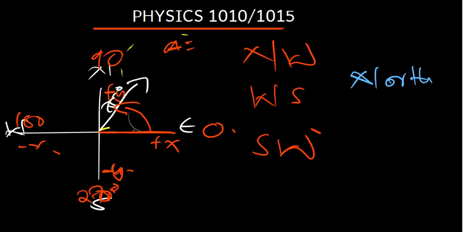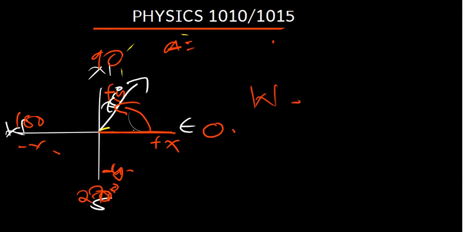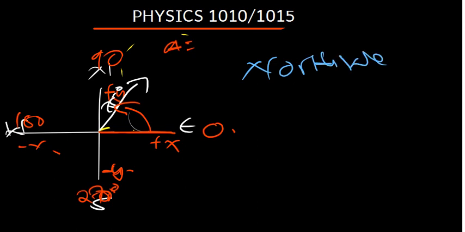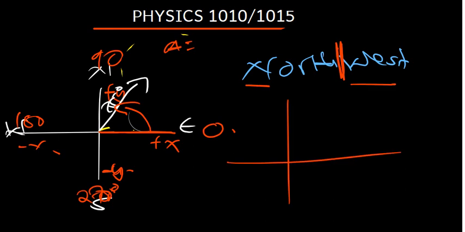Okay, so I'm talking about north of east. Now we're talking about what if you have been told that it's northwest? There is no "of" in between here. It's just northwest, meaning the angle is between north and west. So which angle is between north and west?